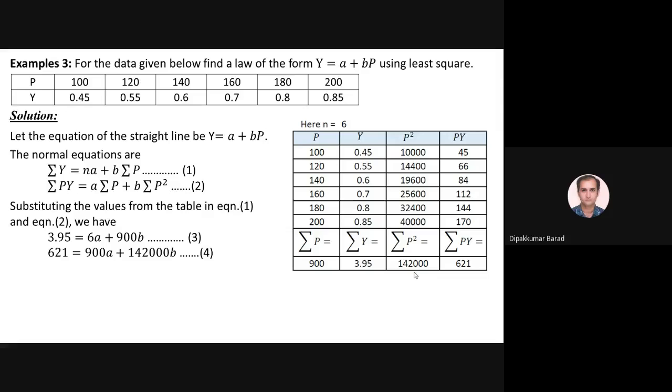Vaibhav, Urvashi, Shyam, Ruti, Parth, Nancy. What do you get here, a and b?